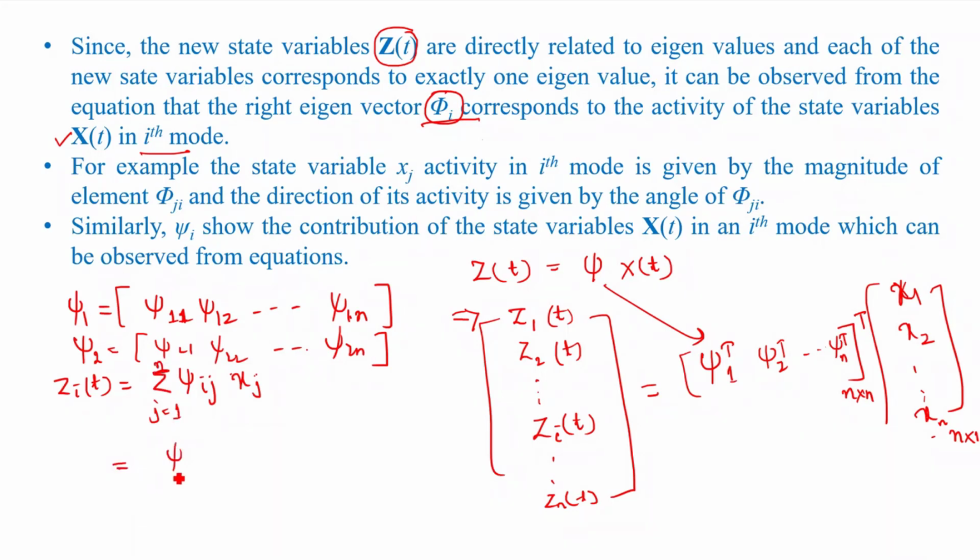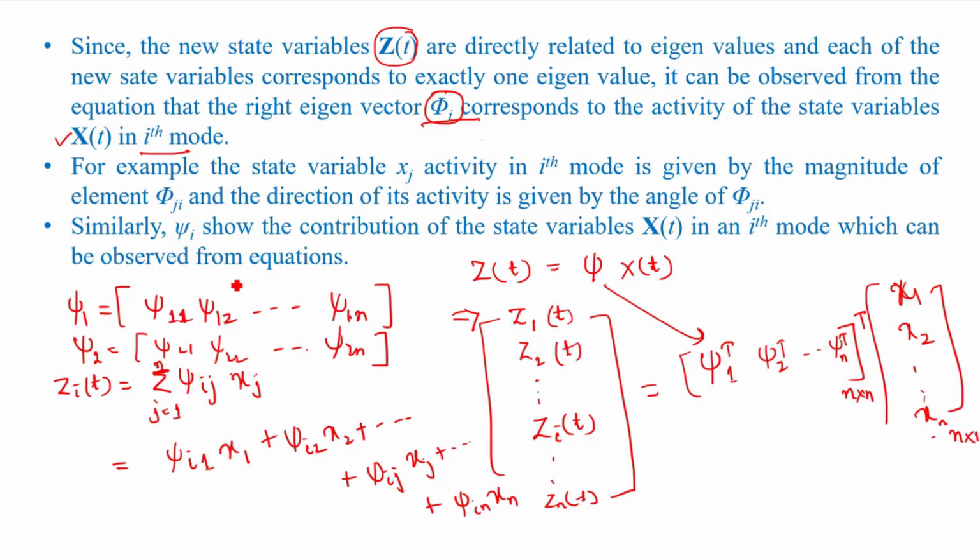So that will give me psi of 1 x1 plus psi of 1 2 x2, related up to psi of 1 j xj, related up to psi of 1 n xn, right?